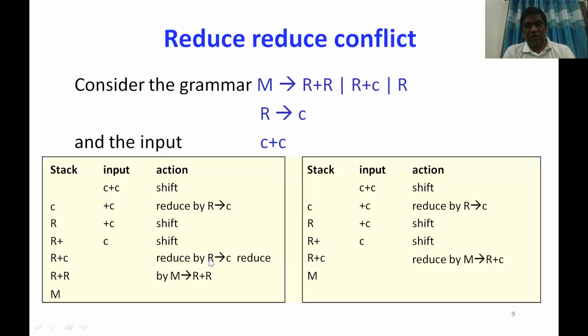So what is the problem here? At this level, we have two types of reduce options: either reduce by R implies C, or reduce by M implies R plus C. This problem is called reduce reduce conflict.